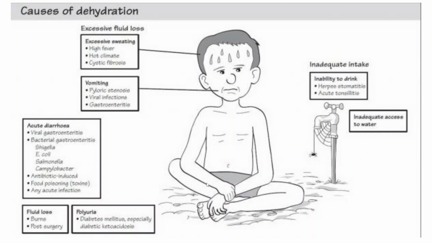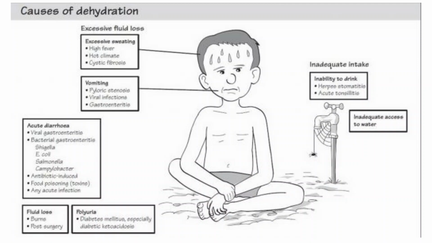Now, if the fluid loss is more, that results in what we call dehydration, and the clinical signs of dehydration are well known. There is a real fluid loss which is beyond the capacity of the body to maintain with the homeostatic mechanisms. That results in excessive fluid loss.